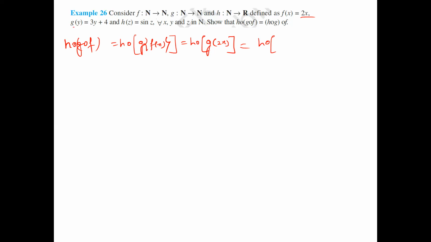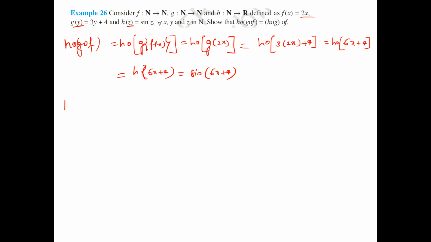I have to substitute that in g of y value; wherever y is there, I have to substitute 2x. So it is 3 times 2x plus 4. So this is nothing but h of 6x plus 4. Now I have to substitute next: wherever the z is there, I have to substitute this whole quantity. So now sine of 6x plus 4. Now you got the answer.